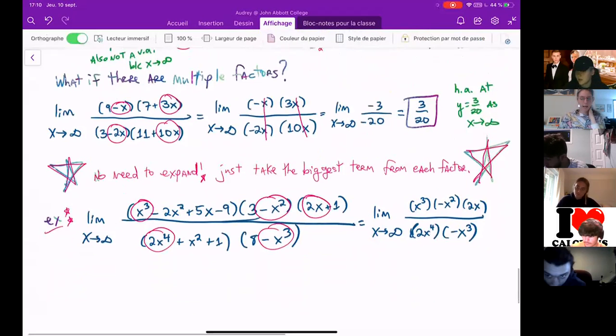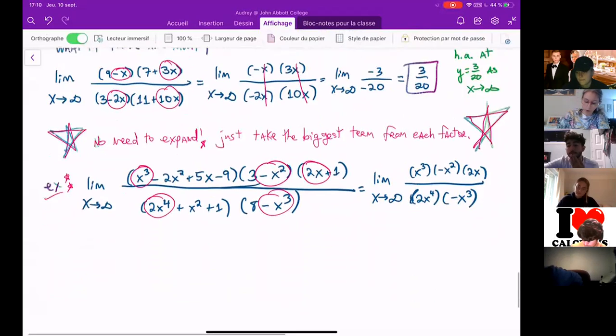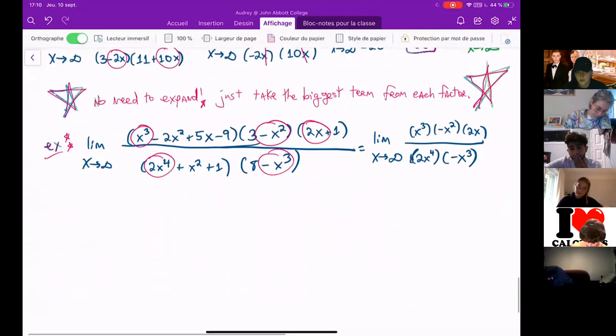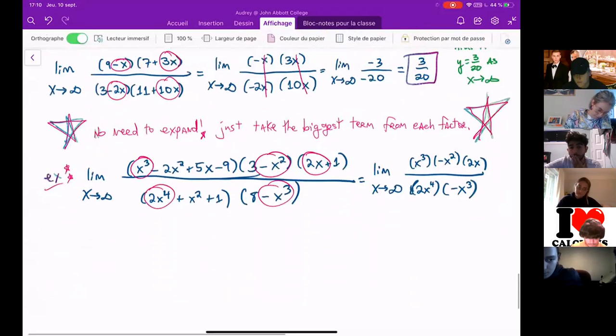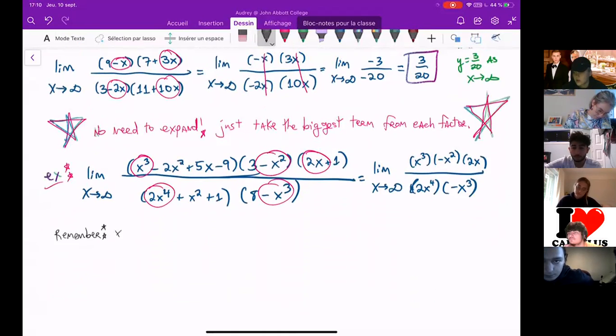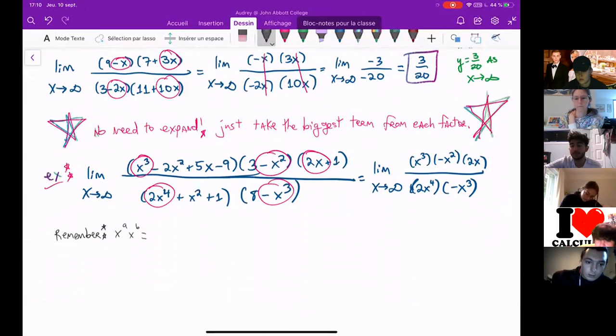So in this case, it's going to be important to remember our algebra rule. What does x to the a times x to the b equal? X to the a plus b, yeah.